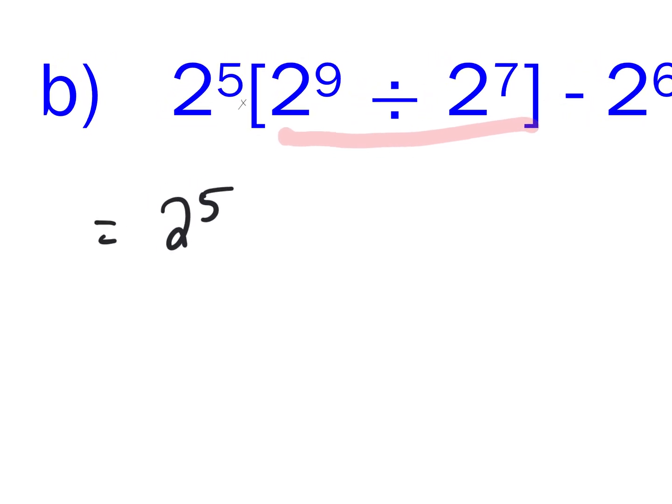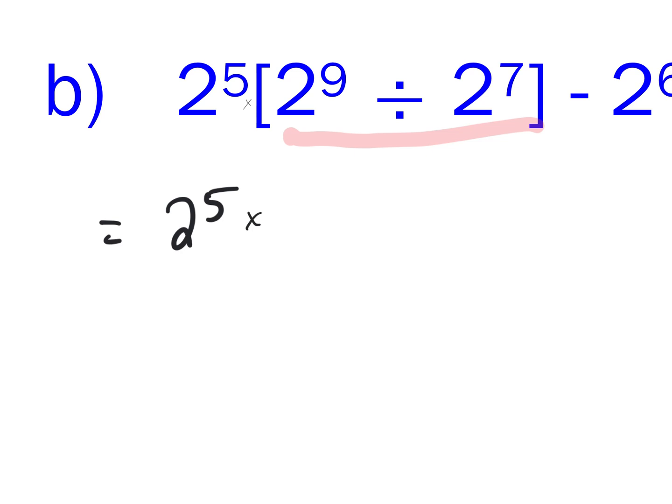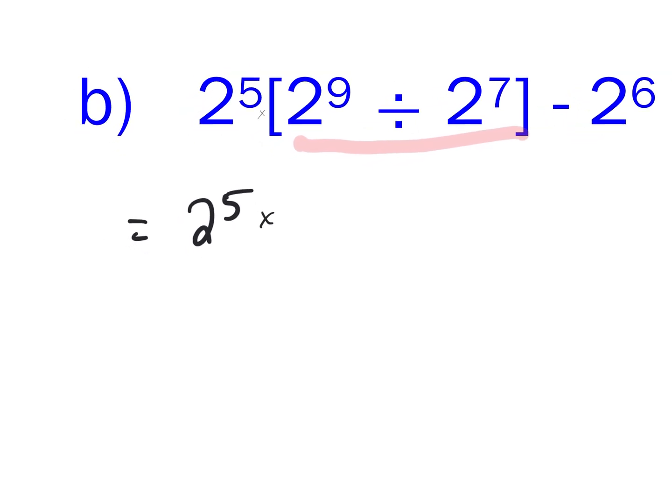So it's going to be 2 to the exponent of 5 times, and we do what with those exponents inside the square bracket? Subtract them, so that's 9 minus 7. And then we have minus 2 to the exponent 6. What is 9 minus 7? 2, very good.